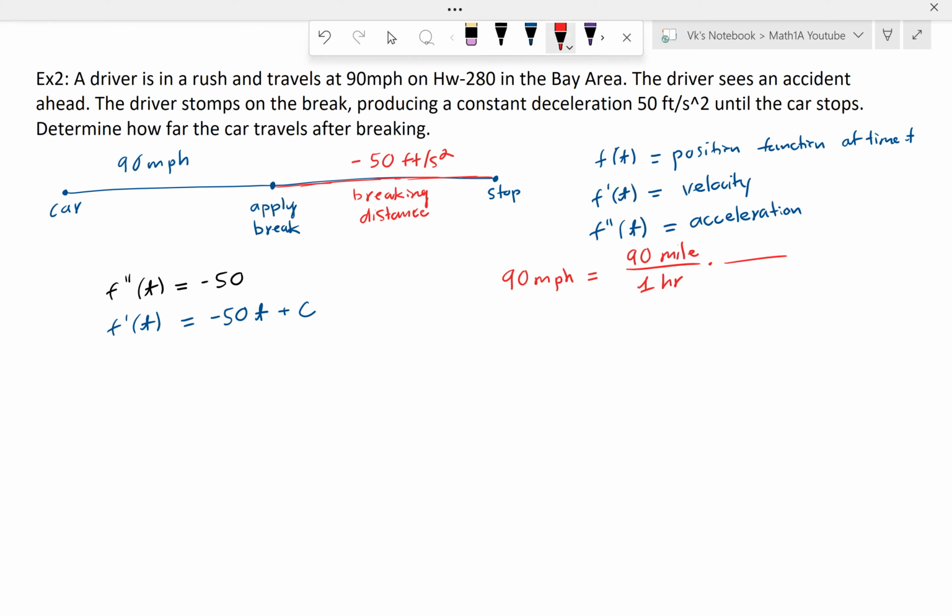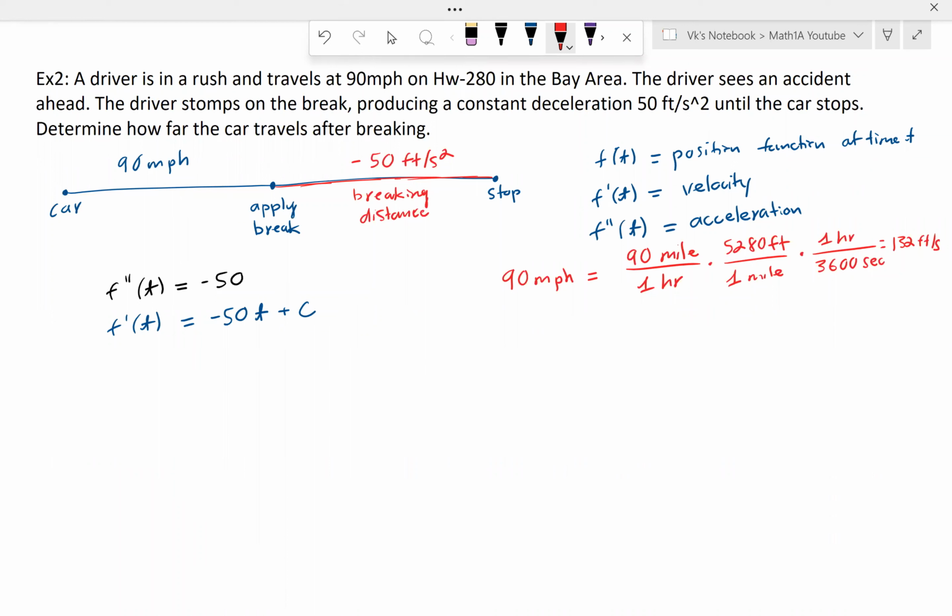We can convert miles to feet by noticing that 1 mile is 5280 feet, and 1 hour is 3600 seconds. Work out the arithmetic, and we have 132 feet per second. So that would be the substitution.